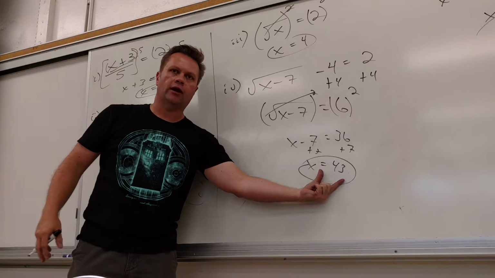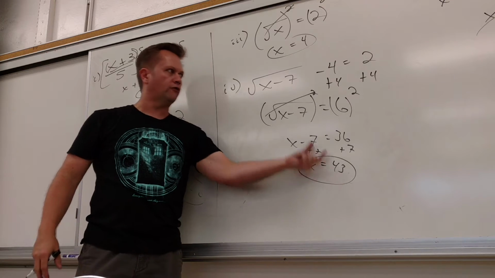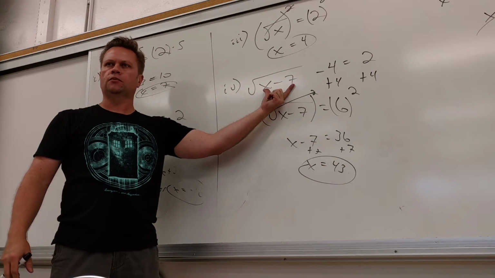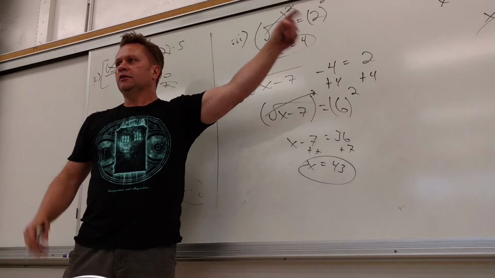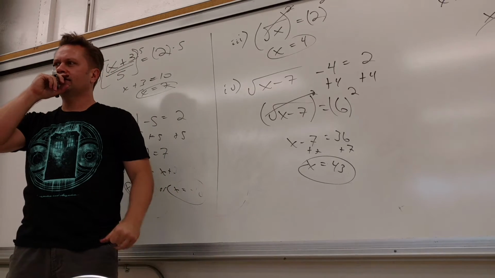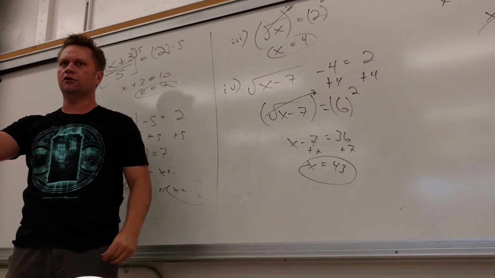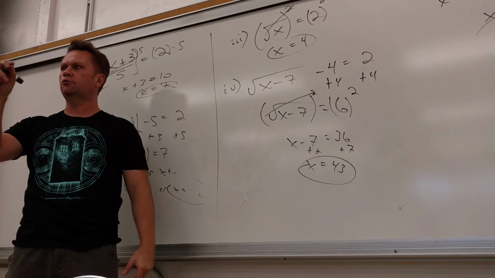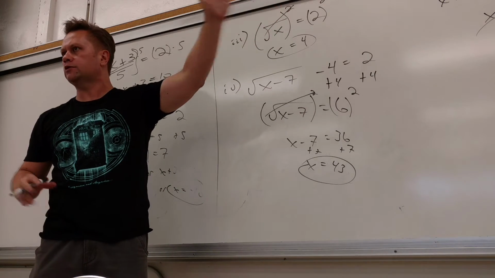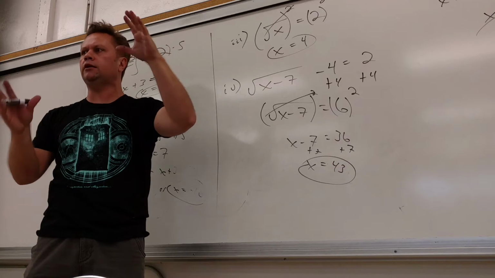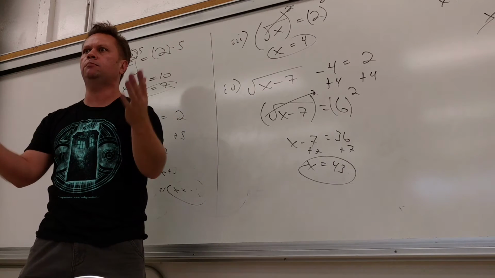You must check your answer to make sure that nothing goes freaky. And sure enough, when I put in 43 minus 7, I get 36. That's fine. Square root of 36 is 6, minus 4 is 2. Yay! But you must check your answer, because there will be some times where you get bogus answers, just like we got bogus answers over there. For sort of the same reason, there are domain issues. Some values can't be used.